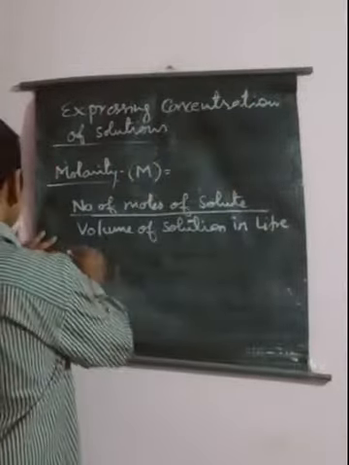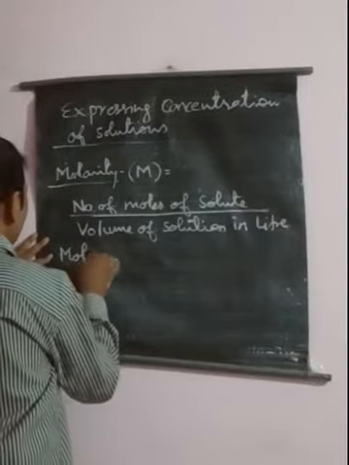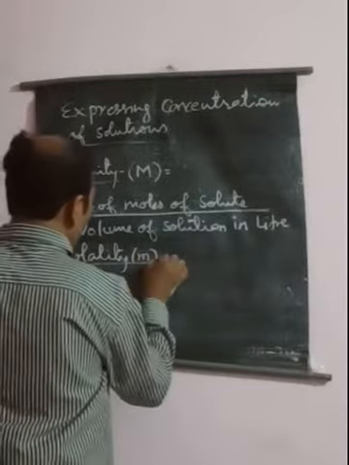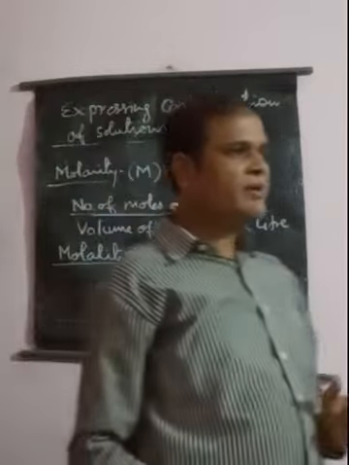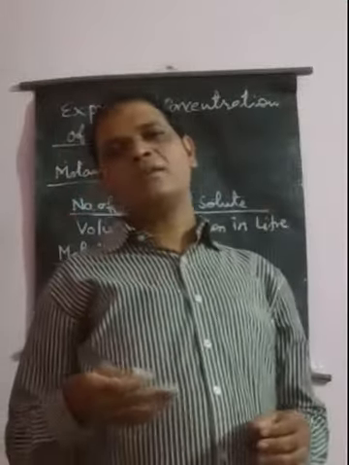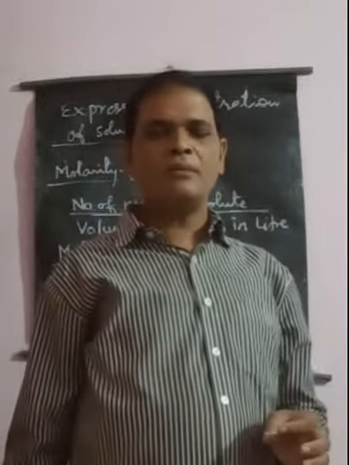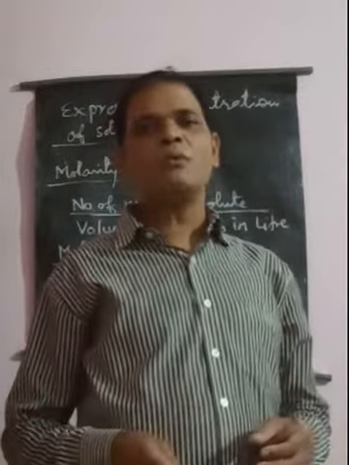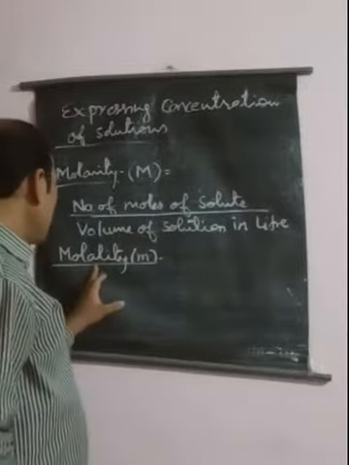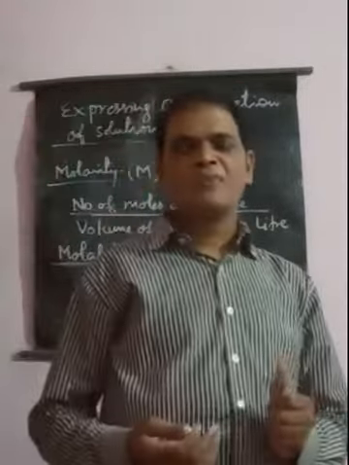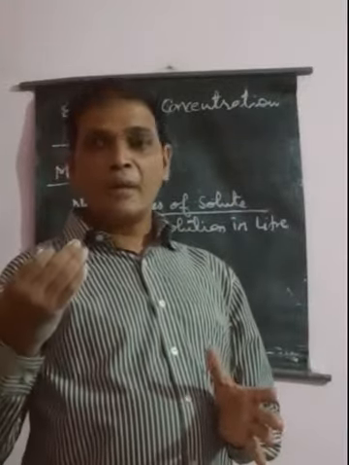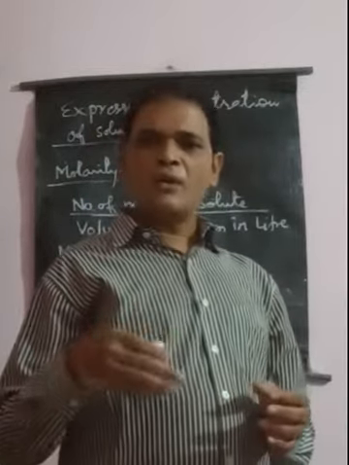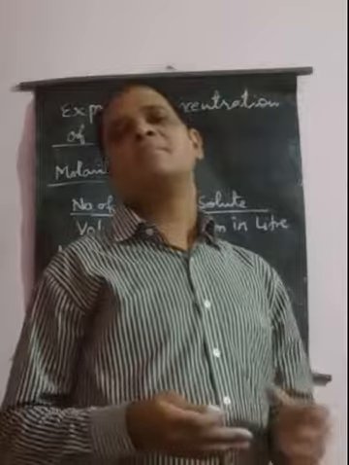Okay, now we will see the next method, that is known as molality. It is denoted by small m. What is molality? Molality can be defined similarly to the definition of molarity, but there is some difference between the definitions of these two. Molality is the number of moles of the solute dissolved in 1 kilogram mass of the solvent.